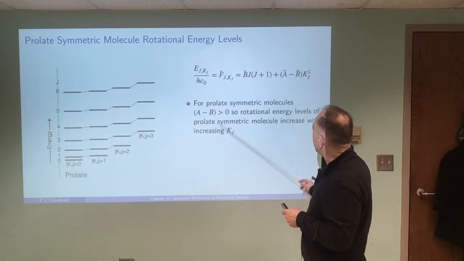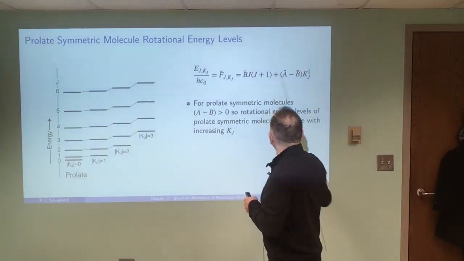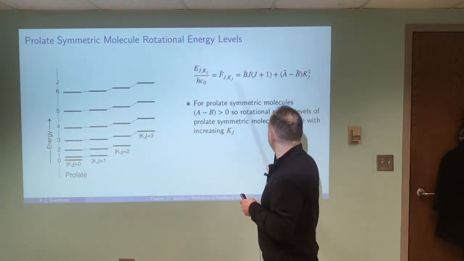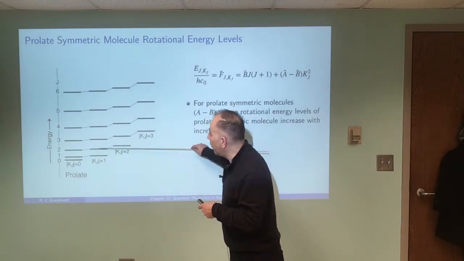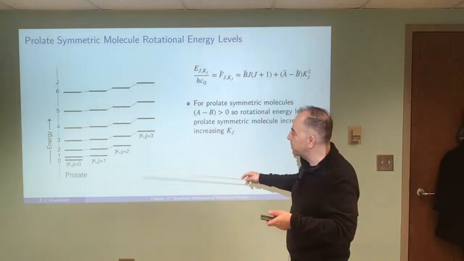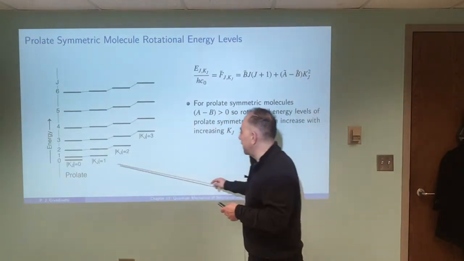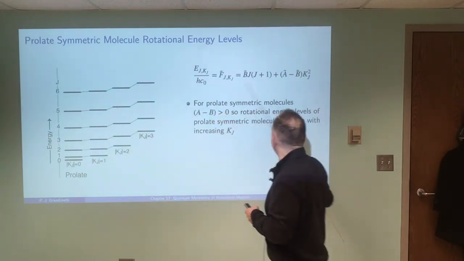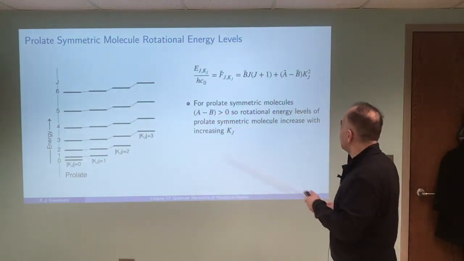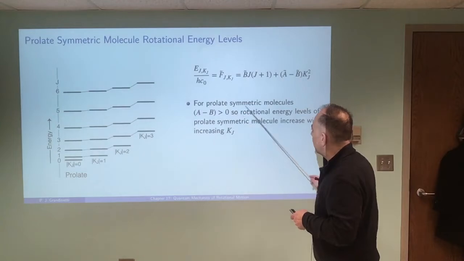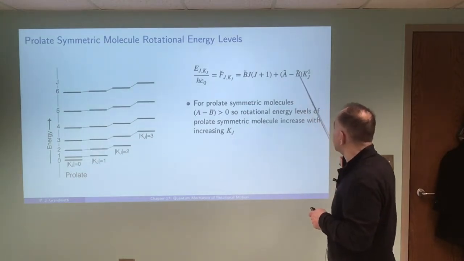So for a prolate symmetric molecule, the increase with changing Kj squared is always going to be a positive increase. So it will always go up as Kj increases in magnitude for a prolate symmetric molecule because this difference is always positive.